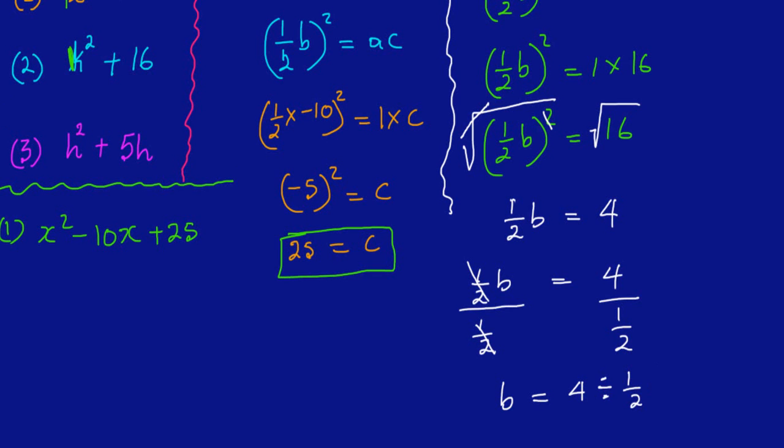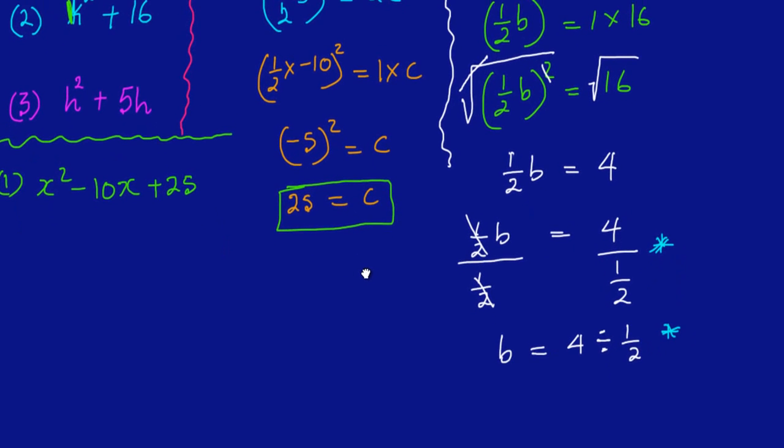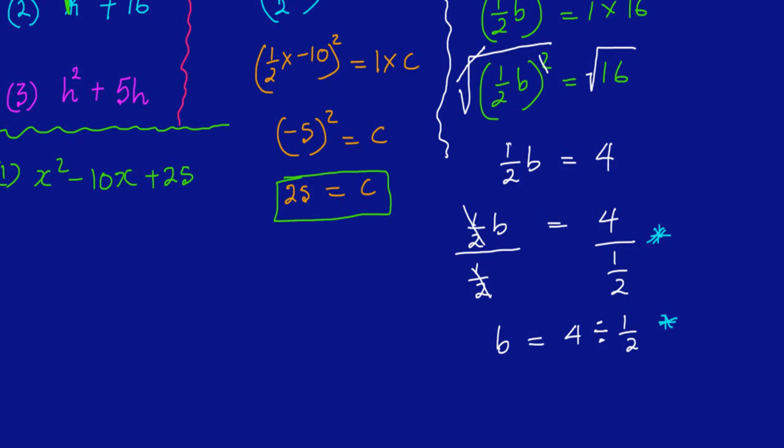These two statements are the same thing. This line means to divide, hence I've changed the sign to division. We would have already learned that when dividing fractions, it's the same as multiplying by the reciprocal. So basically b is equal to 4, I'm going to change my division to multiplication, and I'm going to flip the fraction at the back to say 4 times 2.